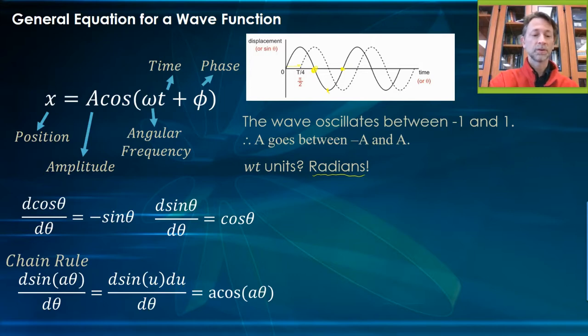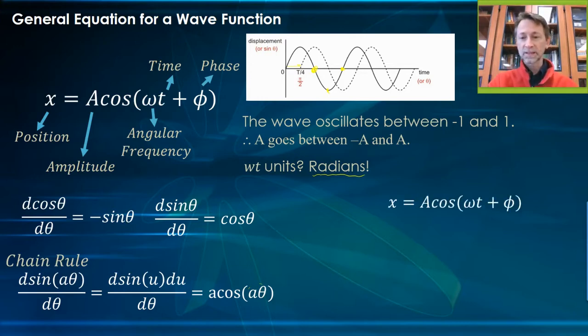So if I have the derivative of the sine of a theta, I'm going to end up with the derivative of the angle, which will be a, and then I'm going to have the cosine, the derivative of the sine, which is the cosine of the original angle. Okay, and that's how you would do these guys that have a coefficient inside the angle value.